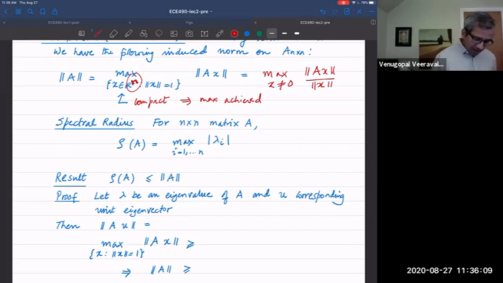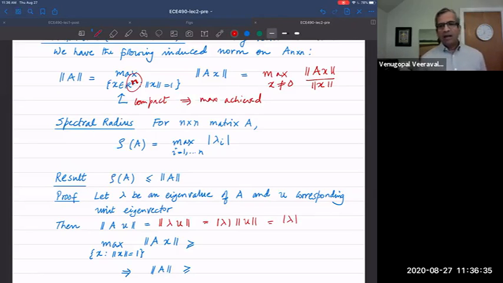Then the norm of A times U is the same as the norm of lambda times U, which is the magnitude of lambda times the norm of U.